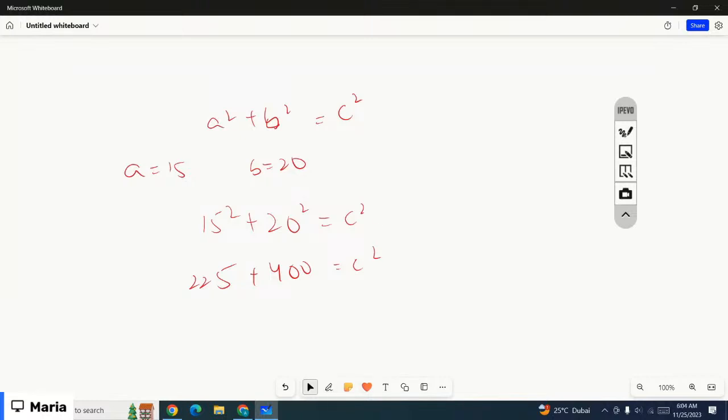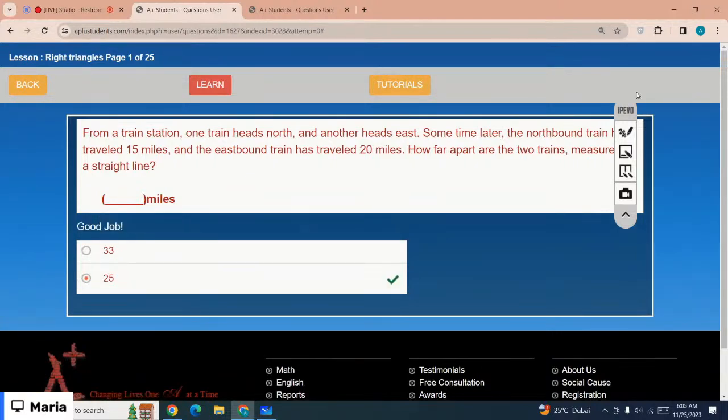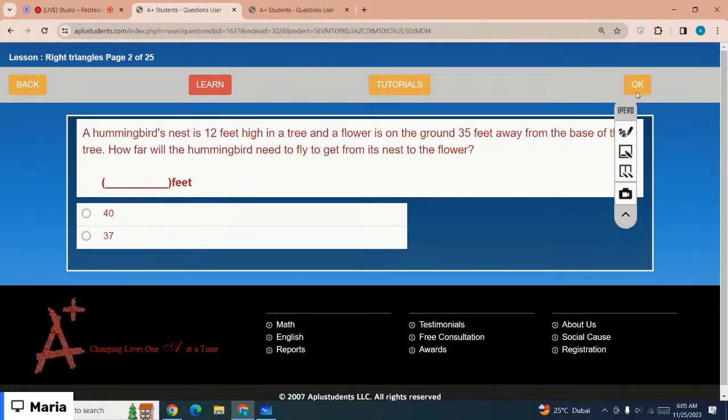Then you have to take the square root. The square root of 625 is 25, right? So that means the third distance is 25. The correct option is 25. That means the distance between both the trains is 25 miles, right?